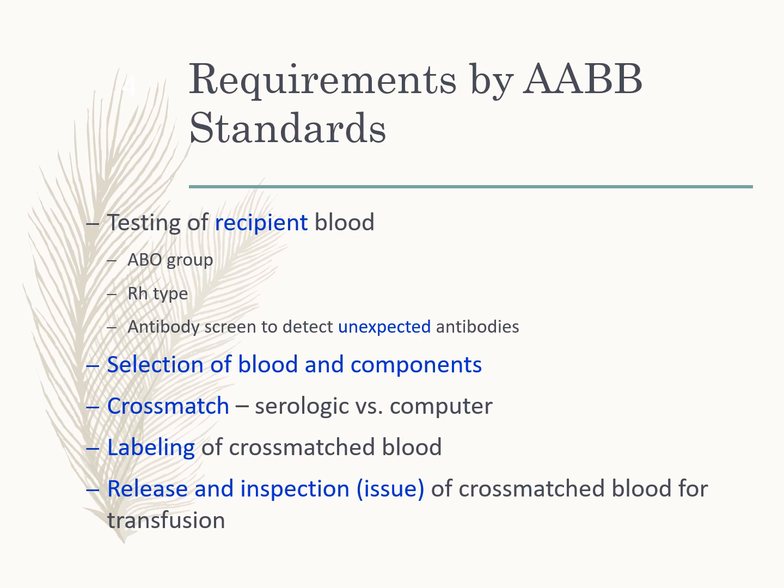Once we have the type and the screen, we will be able to select compatible blood components. Depending on where you're at, the crossmatch may be serological or it may be an electronic crossmatch. Then you will have to label the crossmatched blood, and then, before you release the blood to the floor or whoever's going to transfuse it, you'll need to inspect it at issue.